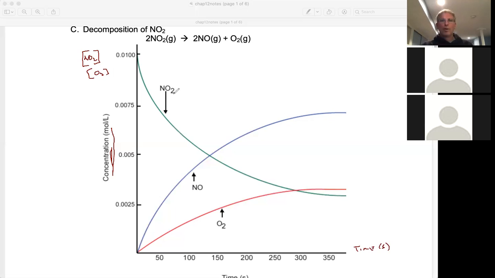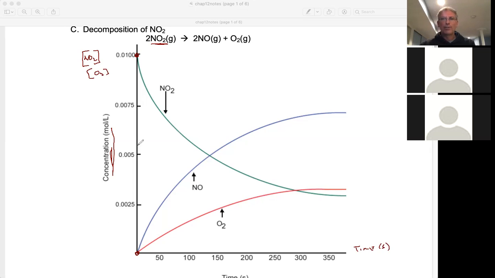Okay, so why does the NO2 curve start way up here? Could you start with your reactants? Right, yeah, exactly. NO2 is a reactant, and so you start off with a lot of it. The other two start down here at 0 because they're products, and you don't have any products at time equals 0, right?